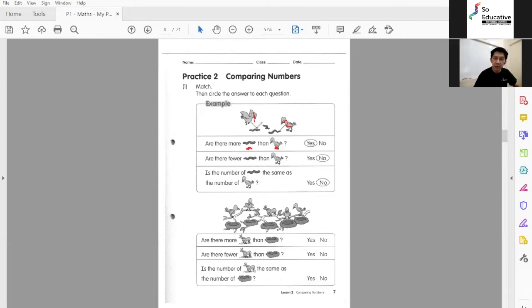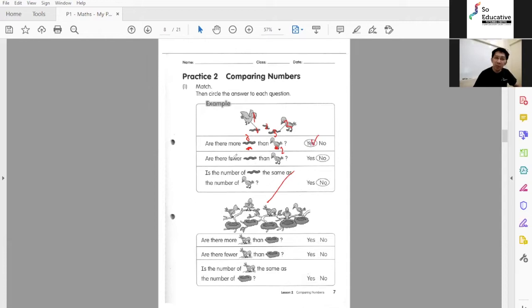And the worm, you can count 1, 2, 3. So there are 3 worms and 2 chicks. So are there more worms than the chicks? Yes, the answer is yes, correct.